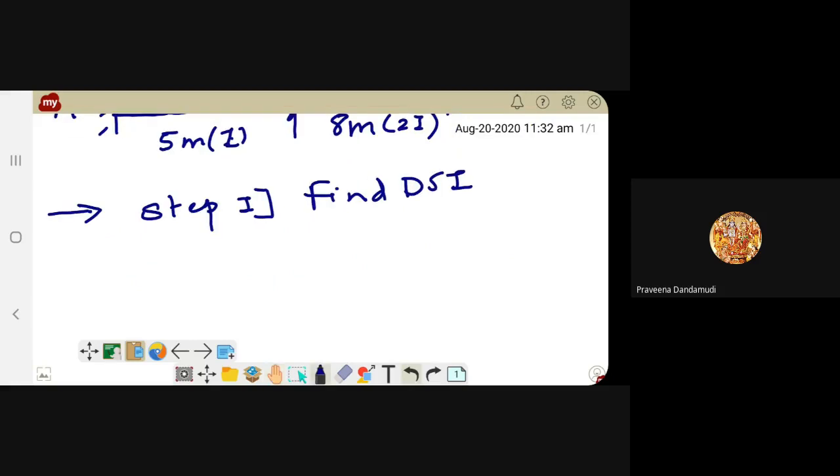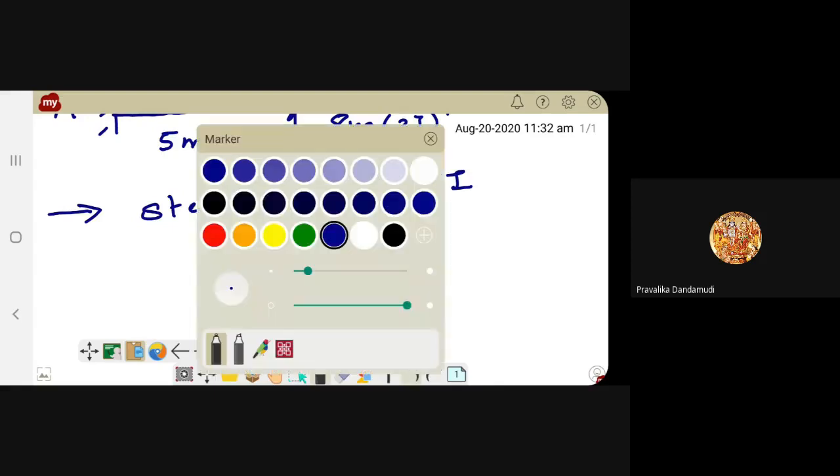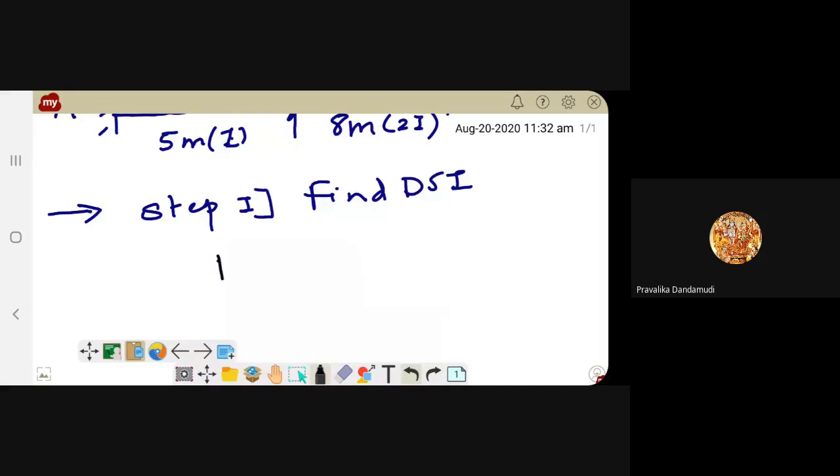Can anyone please explain? DSI is equal to reactions minus equations. Correct. So DSI equals reactions minus equilibrium equations.